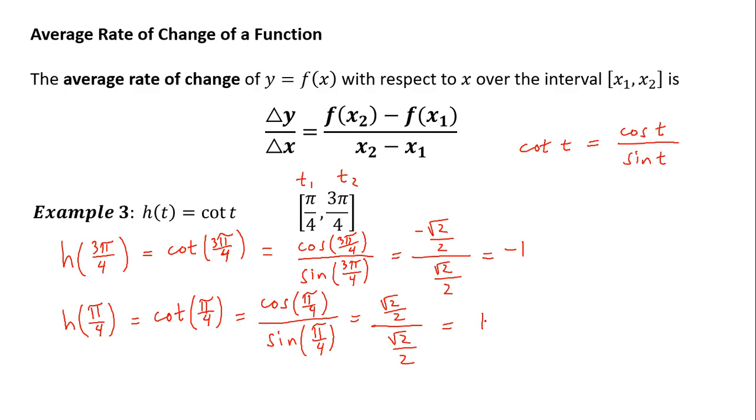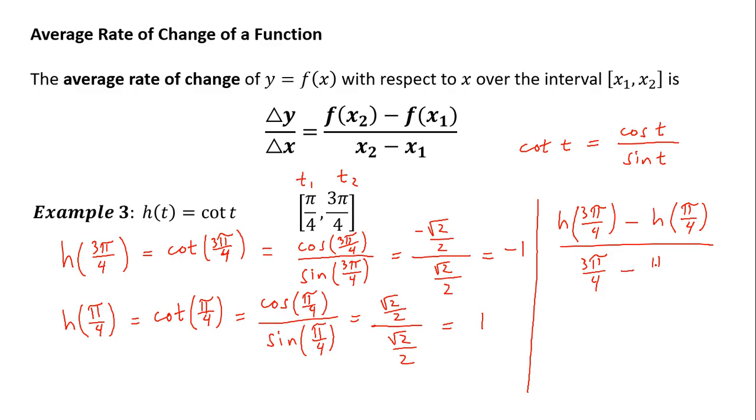Alright. Now, the average rate of change of this function over the given interval is just h of 3 pi over 4 minus h of pi over 4, divided by 3 pi over 4 minus pi over 4.